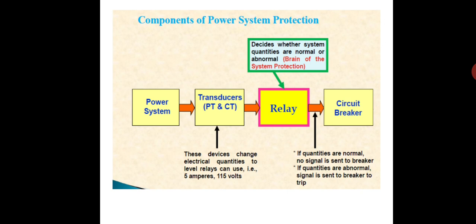After taking this decision, a signal is given to the tripping circuit. This signal will go to the circuit breaker. A circuit breaker is like a switch. The circuit breaker will break the circuit whenever it gets a command, a signal, from the relay. So the relay will give a command to the circuit breaker: yes, now open the circuit, break the circuit.